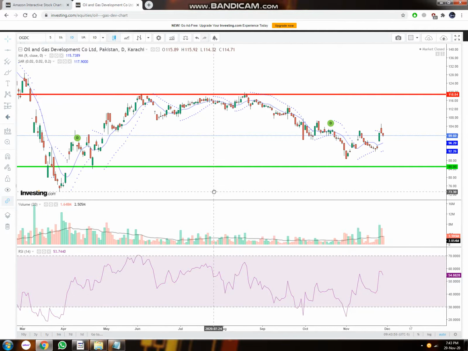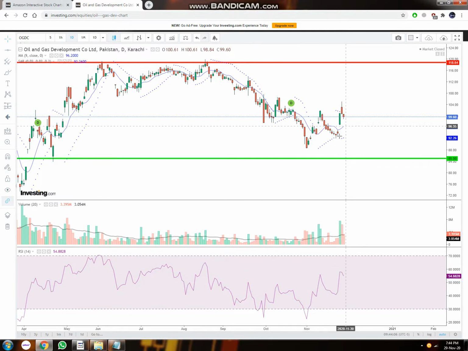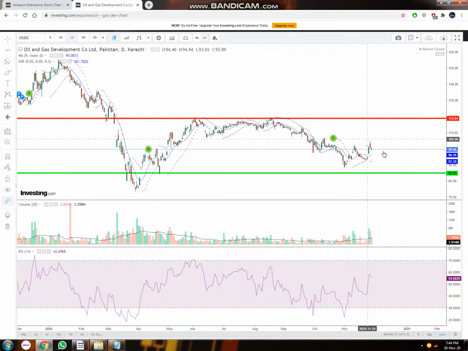Now you can see again that this is a major area of support level and this is a major area of resistance level. Again the same concept, it's trending in a side trend, it touched this resistance level at two different points and now it's trading below the resistance level.